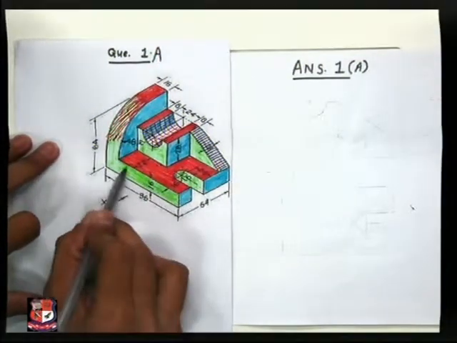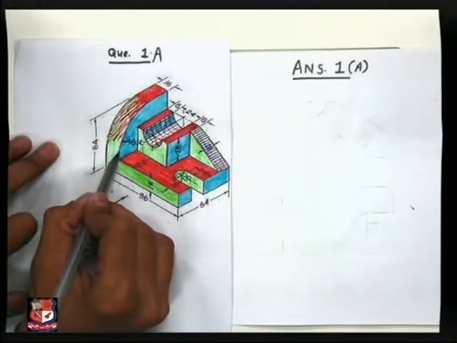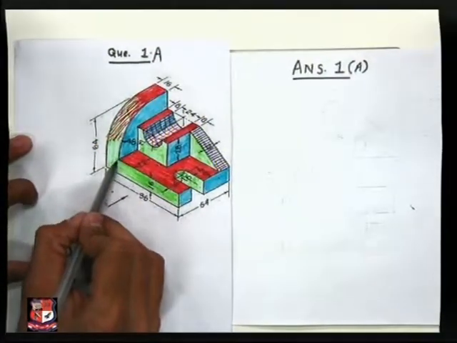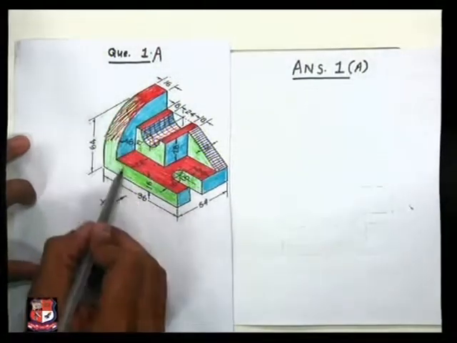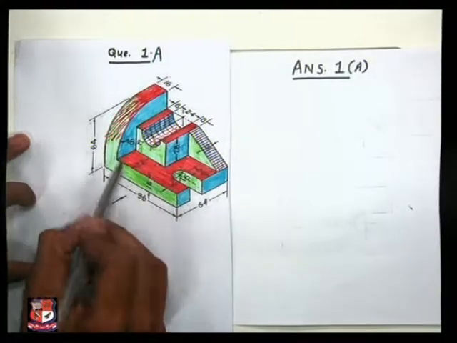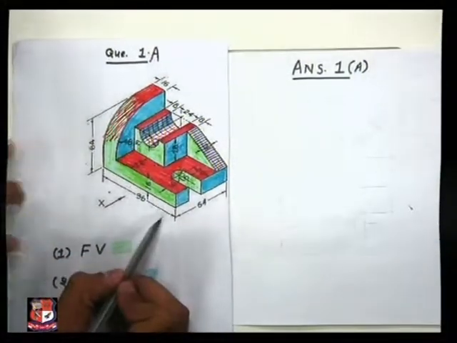So this rectangle would appear over here. This width is known to us, that is 16 millimeter. So this shape would appear as an L shape with 16 millimeter width, 16 millimeter height. Here height is 64 and length is 96.